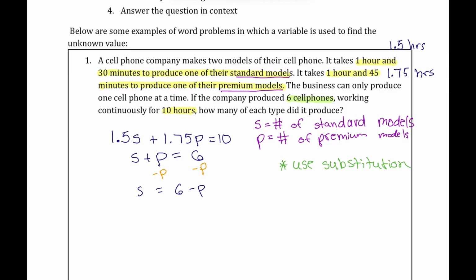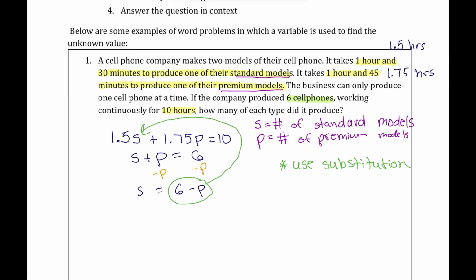Now that this equation is solved for S, we can do the substitution step, where we take the expression 6 minus P and substitute it in for S in the first equation, because this equation is telling us that S is equal to that expression. So we look for where S shows up in that first equation. We can see it's right there with the 1.5.